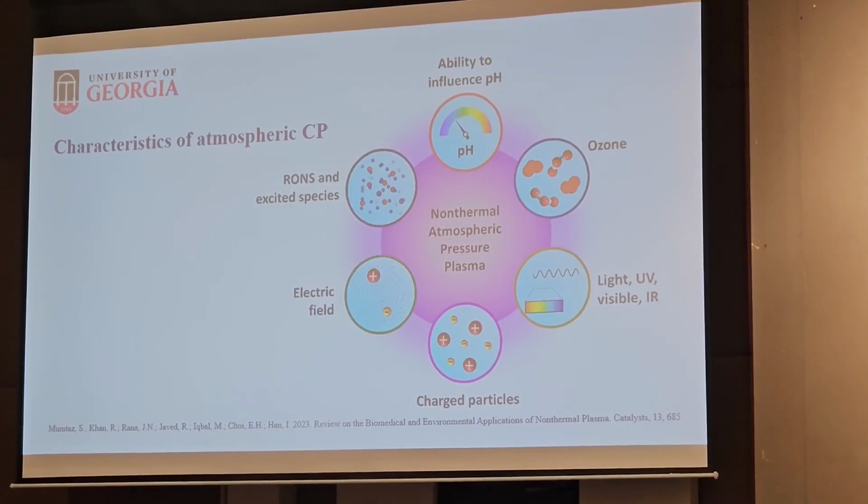You also get light, UV, and infrared, again depending on the type of device. You get charged particles, an electric field, and reactive oxygen and nitrogen species. Those are the two main things we look at, and these are excited species.